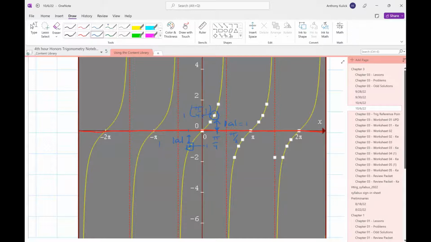Assuming that the midline is at 0. If the midline's not at 0, Sophia, then no. That's okay? Okay.